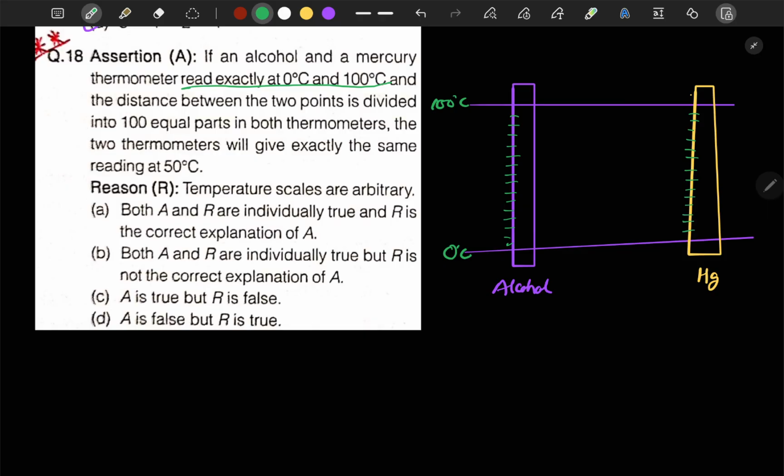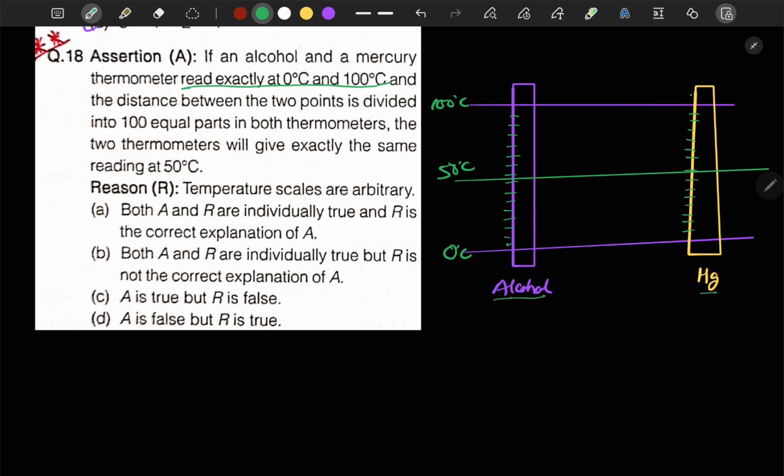The next point mentioned is that the two thermometers will give exactly the same reading at 50 degrees Celsius. But it won't give the same reading. First of all, listen well: this is alcohol and this is mercury.